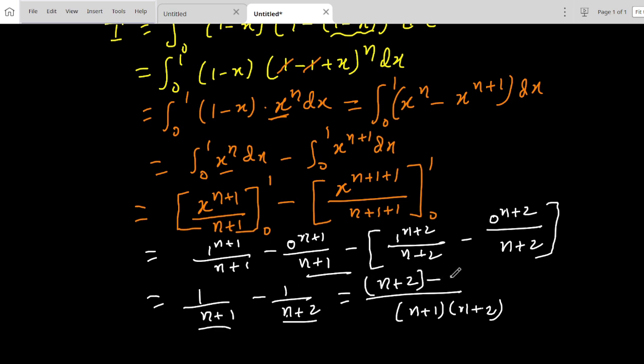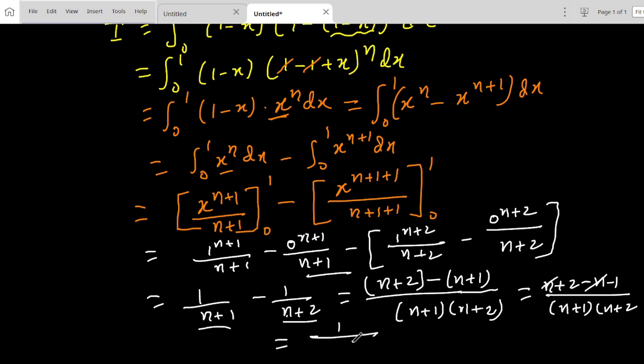So after simplification, open the bracket, n plus 2 minus n minus 1 divided by (n plus 1)(n plus 2). Here n will be cancelled out. The final answer would be 1 over (n plus 1)(n plus 2). This is going to be the final answer.